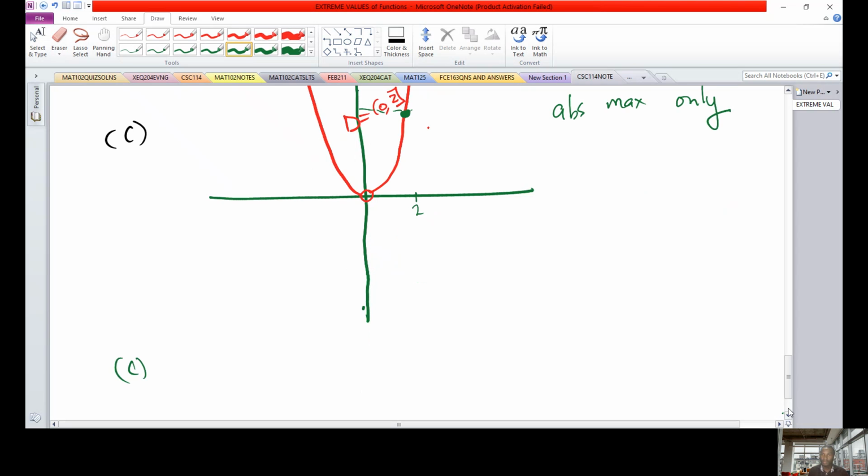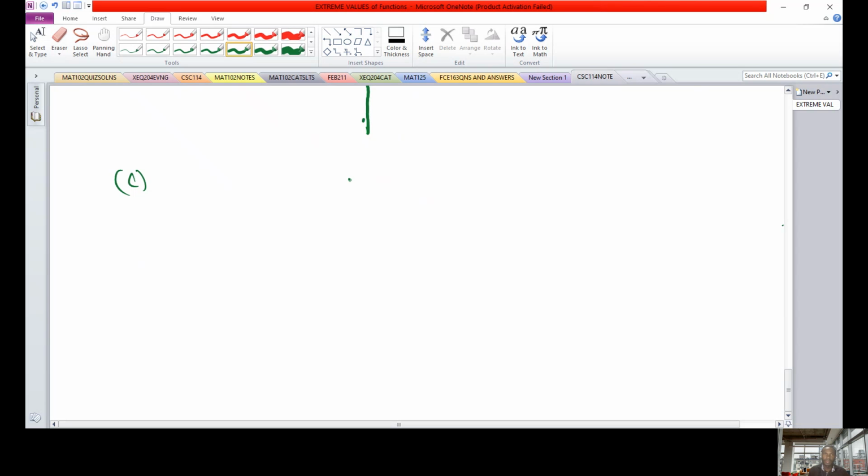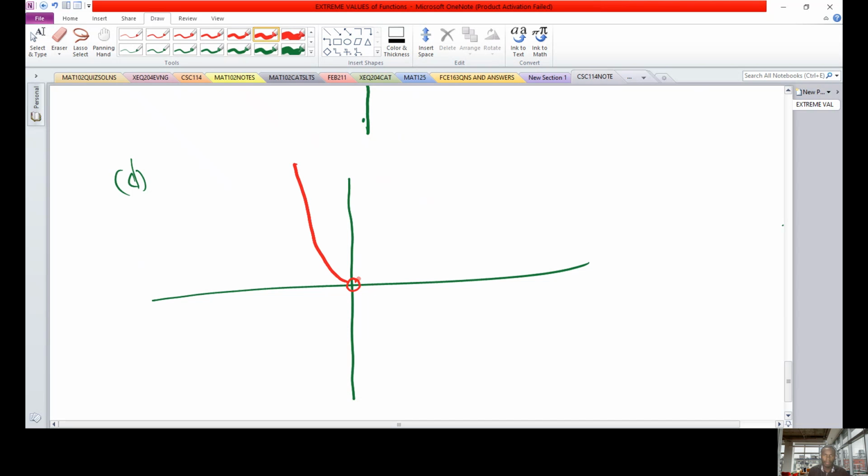Then we have D, not C. The function is not defined at 0, and also when x is 2, the function is not defined. So the domain here is this open interval from 0 to 2.